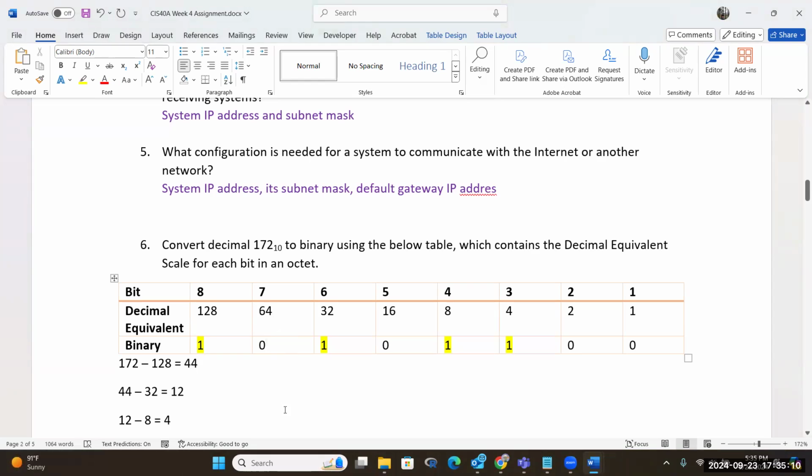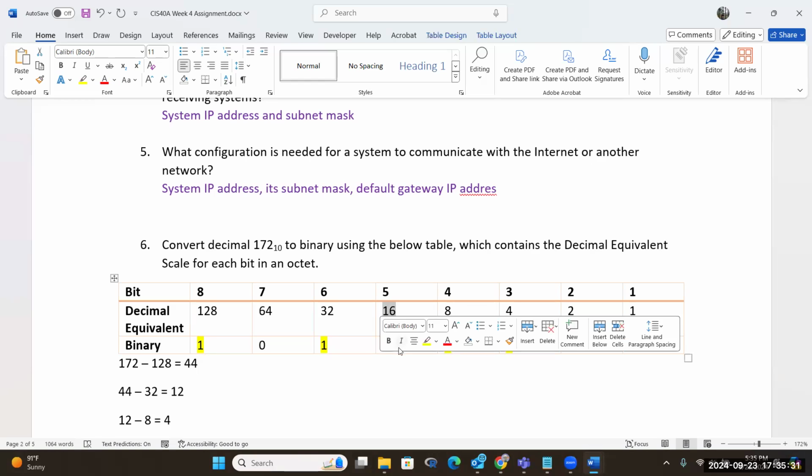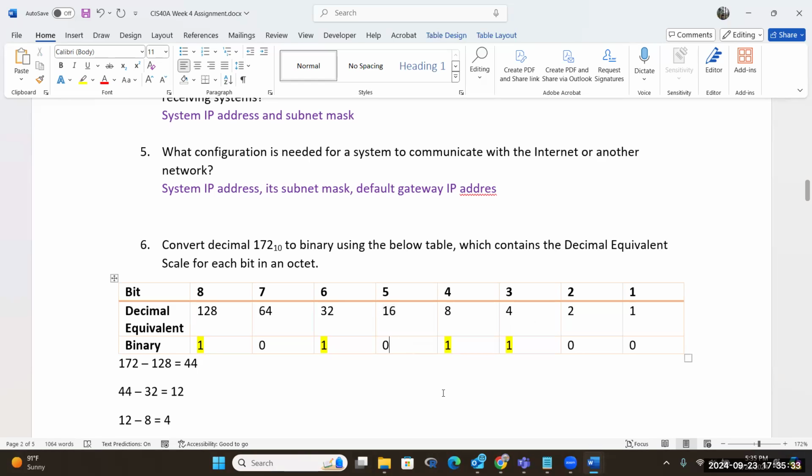That bit is off. But 44, I can subtract 32 from it. So when you subtract, you put a 1. 44 minus 32, I have 12 remaining. Then 12, I cannot subtract 16. It's less than 16, so that bit is off. I can only subtract things that are smaller.